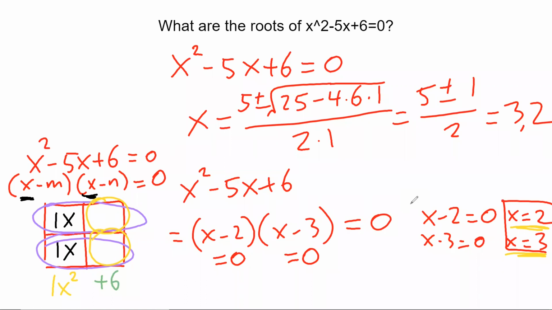Can anybody give me two other numbers that multiply up to 6? Okay, let's try 1 and 6, for example. Let's write in +1, +6. If you look at it horizontally, what you'll get is x plus 1 times x plus 6. Can you guys expand this for me?